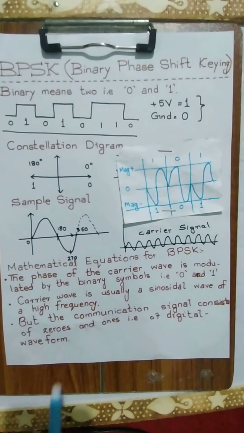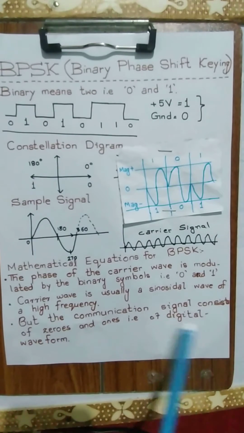We know that in every modulation technique, usually the carrier wave is of high frequency as compared to the wave which is having some sort of information. This is obvious, like FM or anything like that.